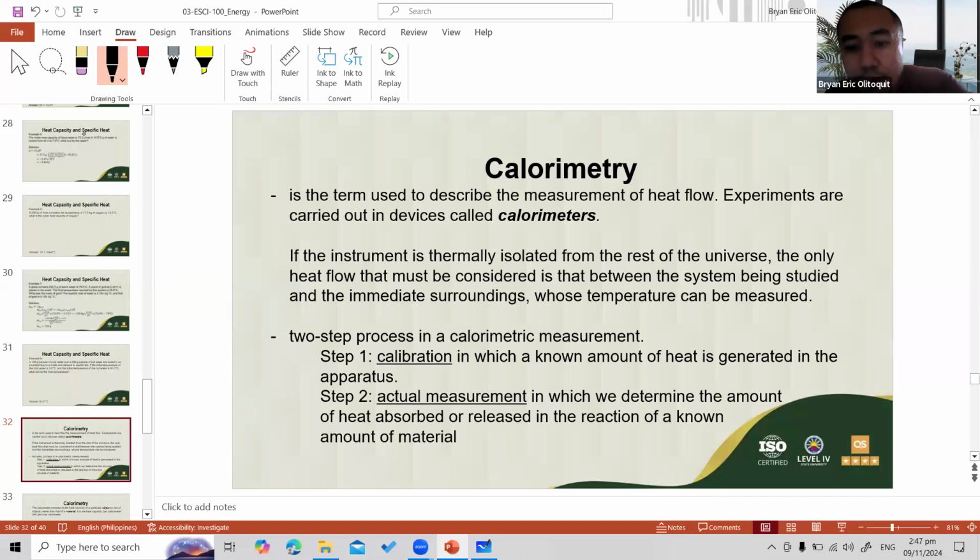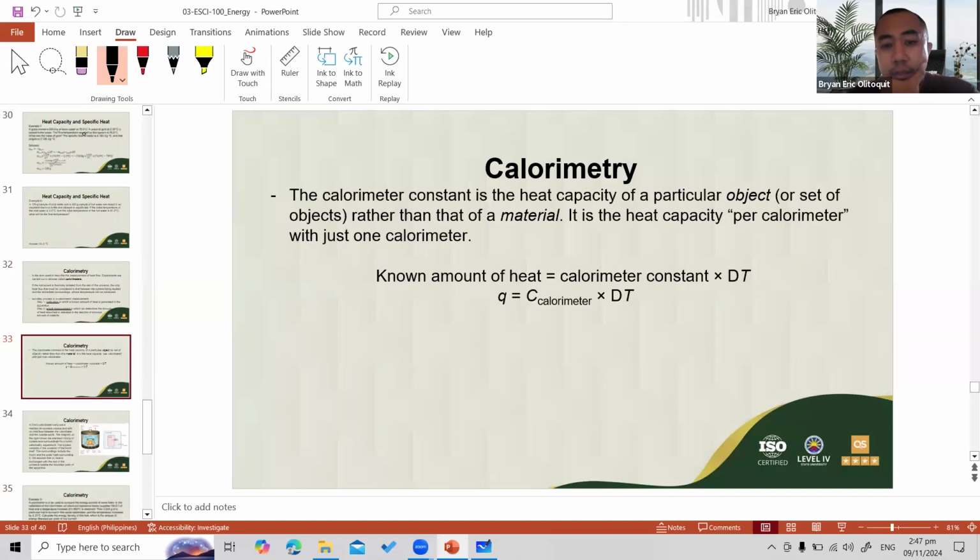Alamin natin kung ilan ba yung specific heat na ng material, or rather hindi ng material but rather the calorimeter itself. Parang tinatawag siya dito as calorimetric constant, and then yung actual measurement ng material.